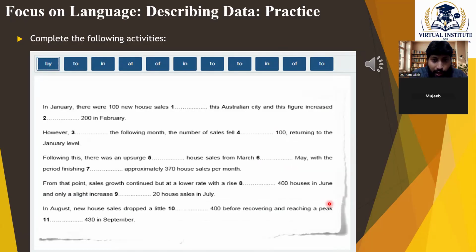Okay. Now we should be taking these prepositions and using them in these blanks. So tell me, in January, there were 100 new house sales dash this Australian city. What is the correct preposition here?